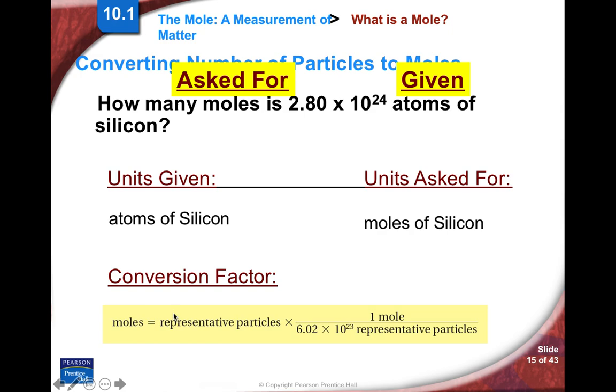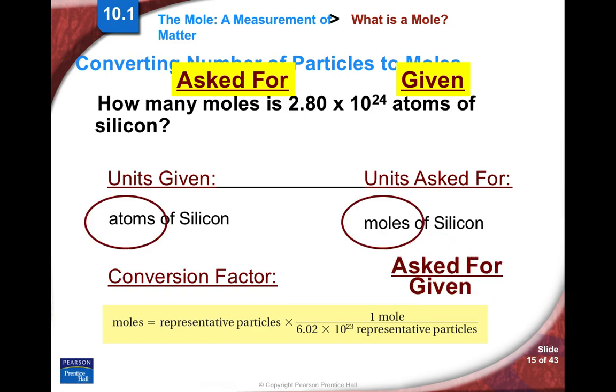I'm going to try and explain it a little bit better for you than this little diagram. So again, atoms, moles. You're given atoms, you're asked for moles. You're going to want to make a conversion factor like we did with a dozen apples, 12 apples per 1 dozen. You're going to want to make a conversion factor to do your calculations.